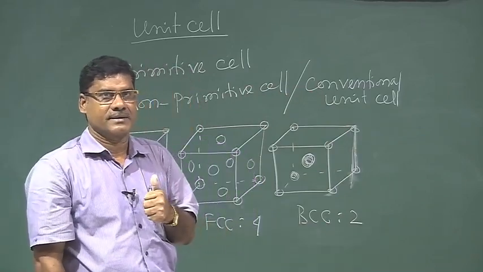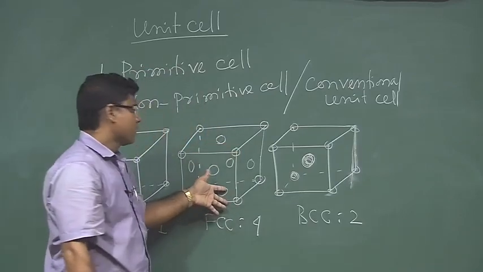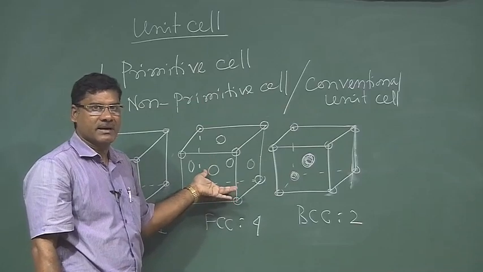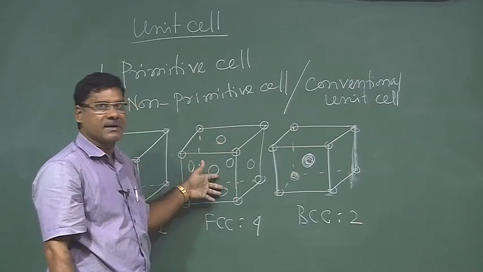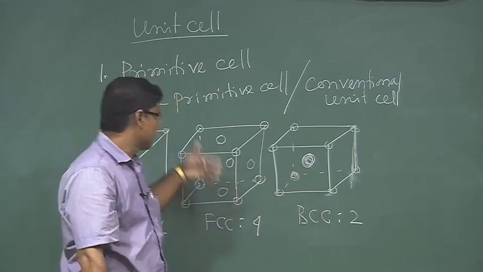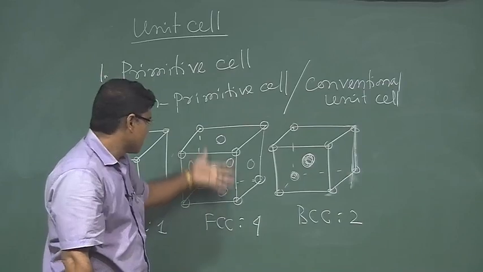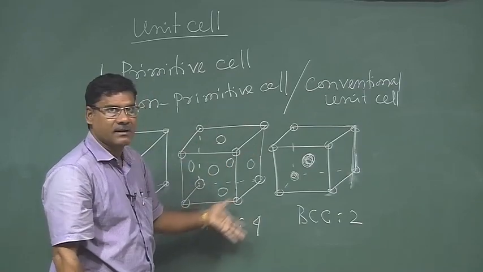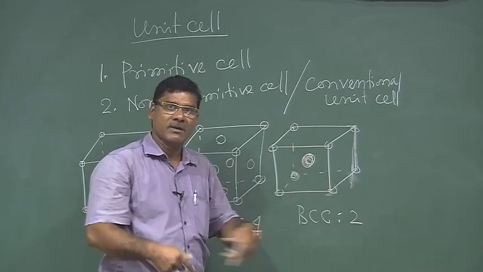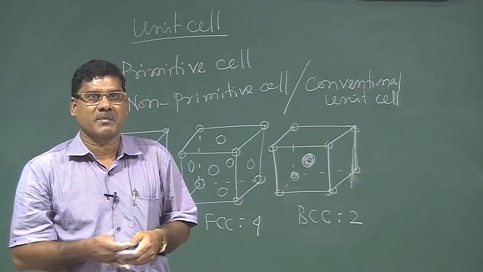The reason is not that one cannot find the primitive cell. Yes, one can construct the primitive cell from FCC or BCC, so we do not need to use the FCC or BCC unit cell; one can use the primitive cell also. For any crystal, one can find the primitive cell.